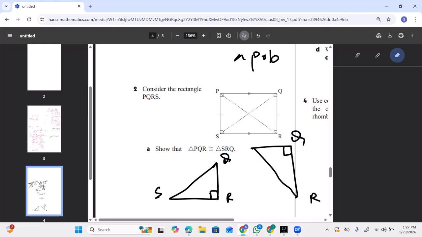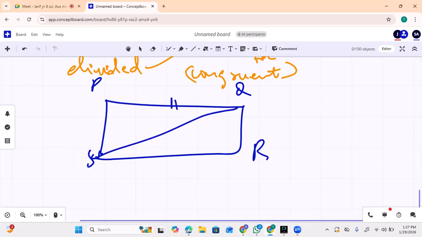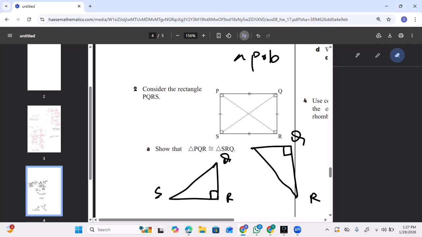So we had all the angles, which are 90-degree angles, and similarity. This was the whole picture, and we said that we had two triangles, PQR and SRQ.